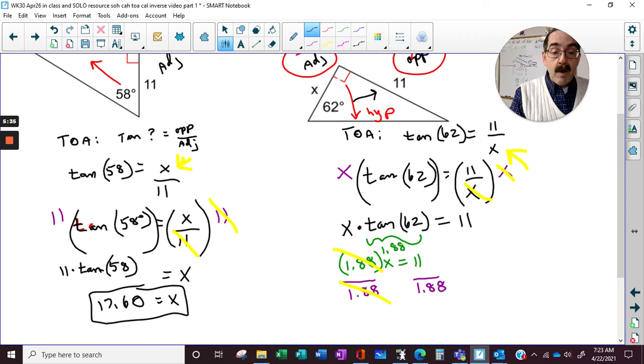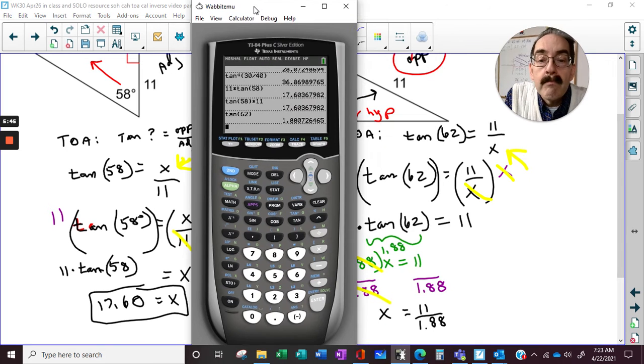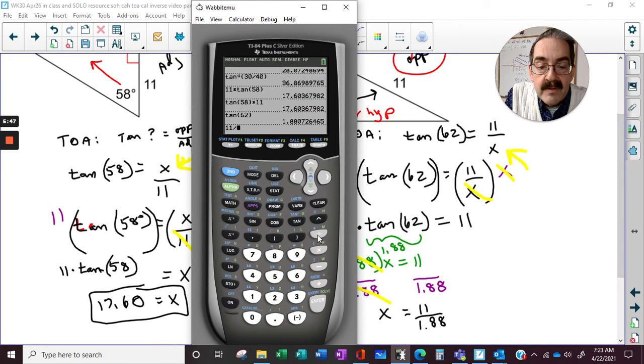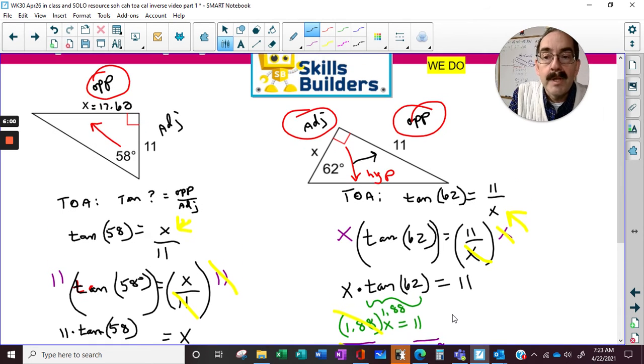So I now have x equals 11 over 1.88. Grab our calculator. 11 divided by 1.88 equals 5.85.